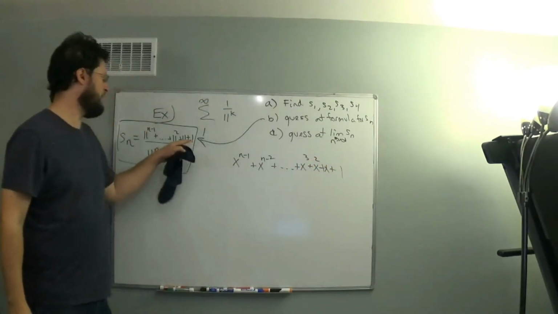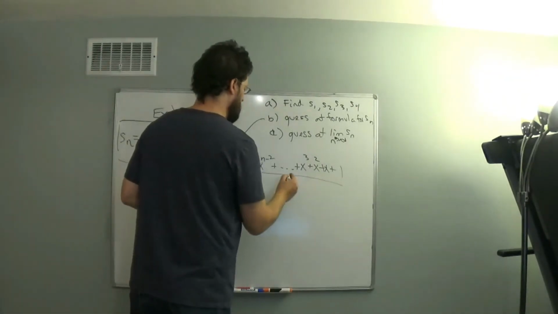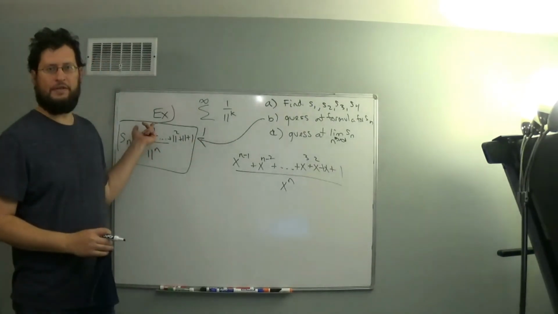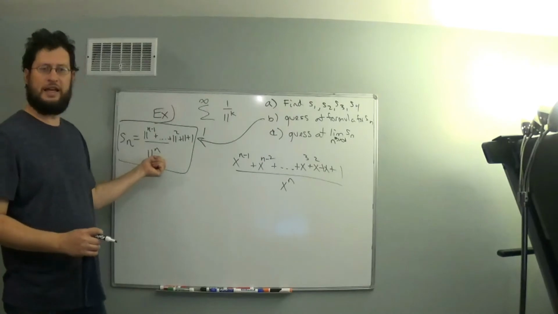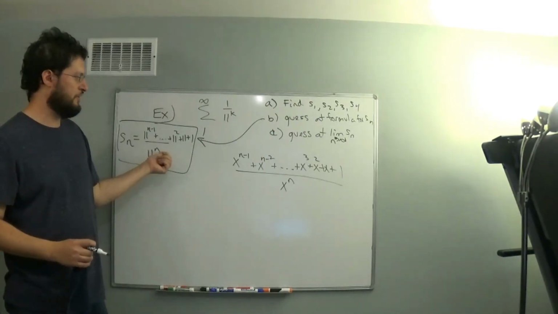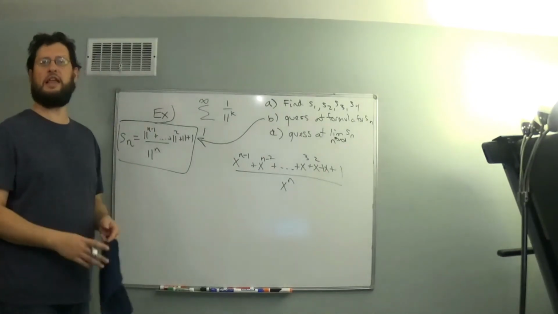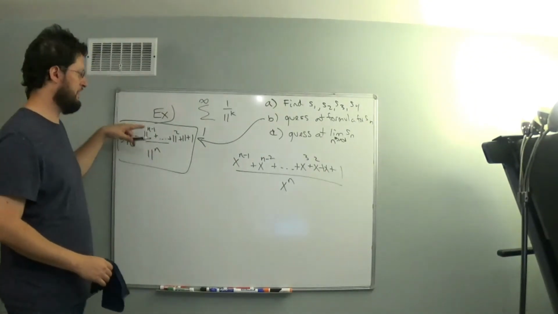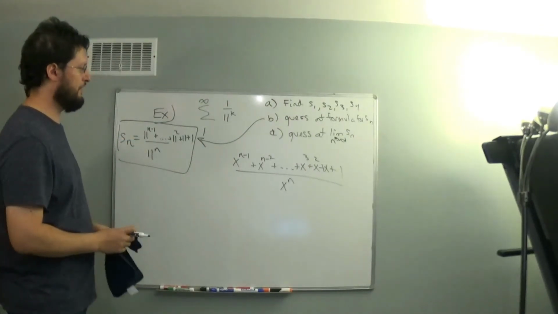I'm going to think about this as a polynomial where x is equal to 11. If I plug 11 into this, then I'm going to get Sn right here. This simplifies our algebra a little bit so we don't have 11s all over the place, and it really doesn't matter that this is 11. This is going to work for any value, not just 11.